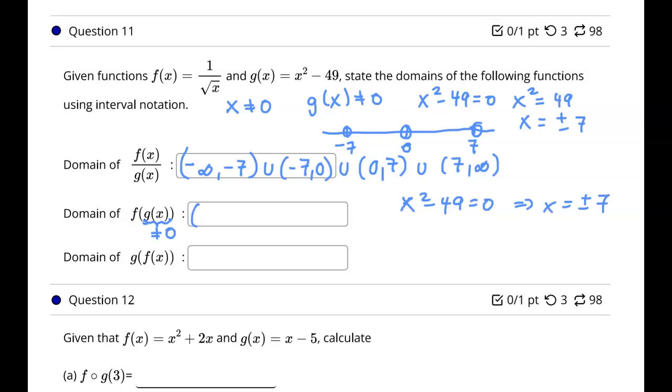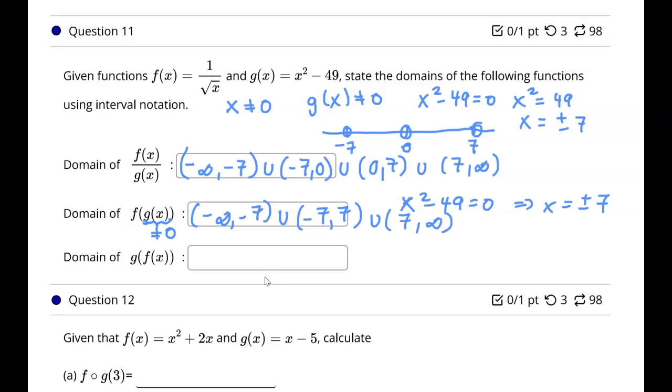So this time we don't have an issue with plugging in 0 as we did before, because right now, the only way we would get a 0 down here would be if g of x is equal to 0. So therefore the only excluded values are plus or minus 7. So we end up with negative infinity to negative 7, and the union of that with negative 7 to positive 7. And then the last part is from 7 to infinity.